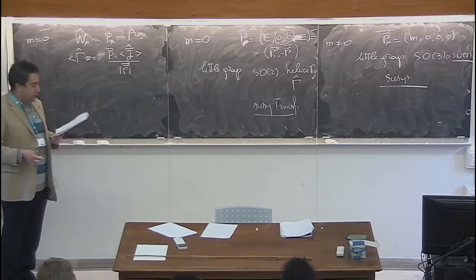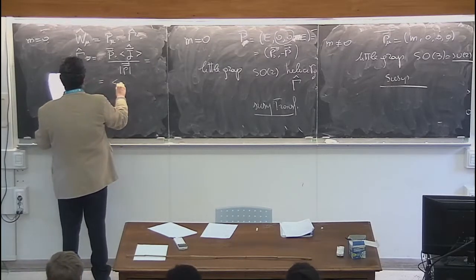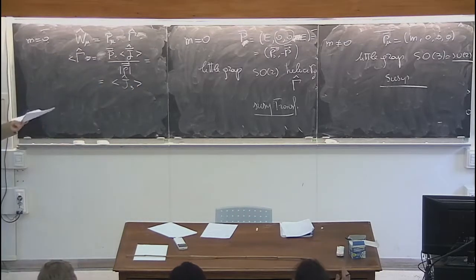That's the usual definition of the helicity generator. In this case, it is nothing but J3 in our specific reference frame.